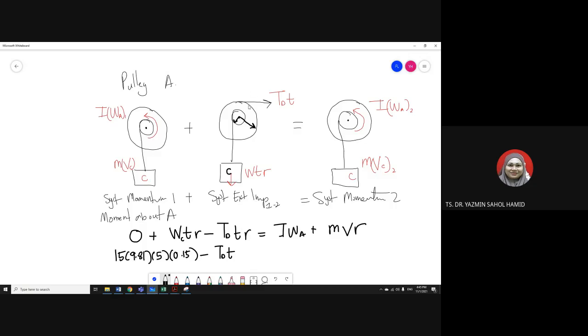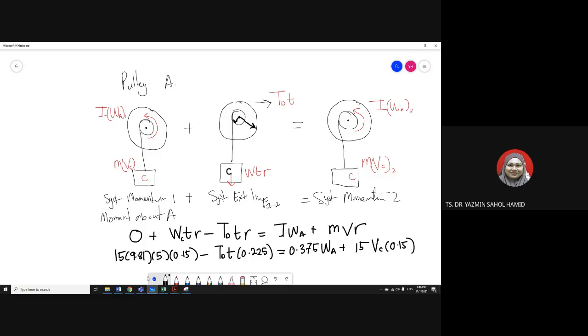Outer. Okay, good, 0.225, equals I, which is already given in the question, 0.375, multiplied by omega A, which we do not know, plus mass 15 kilograms times VC times R.